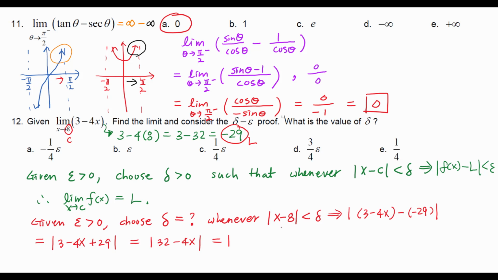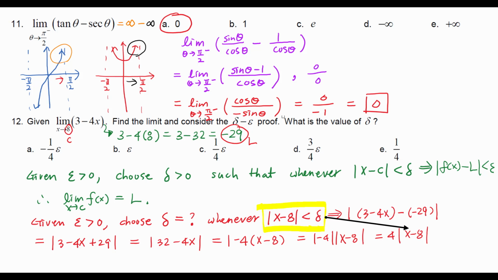Now, I need to have this part, so I'm actually going to factor out the negative 4. Then I have x minus 8 here, and this is equal to the absolute value of negative 4 times the absolute value of x minus 8, which is equal to 4 times the absolute value of x minus 8, which is, by hypothesis, the absolute value of x minus 8 is less than delta.